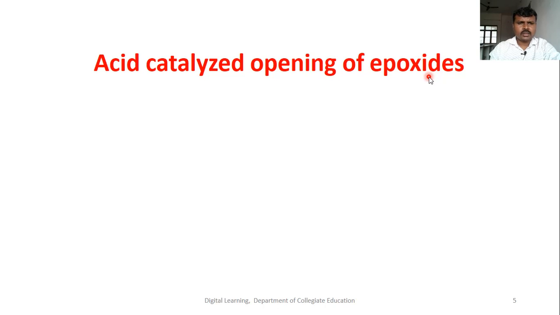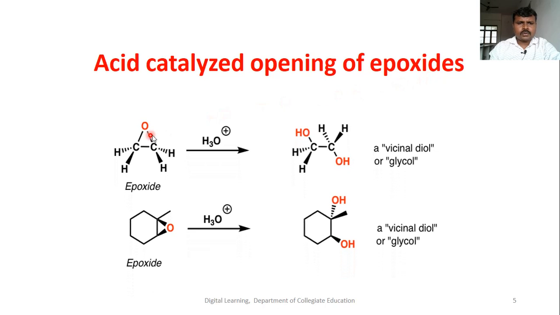Let us first see acid catalyzed opening of epoxides. Epoxides react with acid, H3O plus, to form vicinal diol or glycol. In acidic medium, epoxides react with acid to give vicinal diol or glycol.